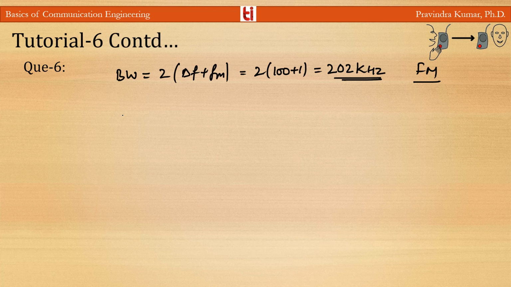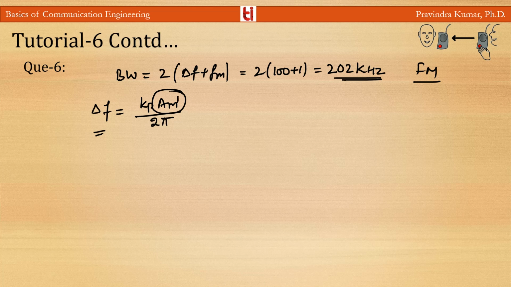And for the PM case, the frequency deviation is kp am dash by 2 pi. Am dash is the peak amplitude here in phase modulation. So phase modulation is basically frequency modulation, but the modulating signal in this case is the differentiated version of the signal xt.